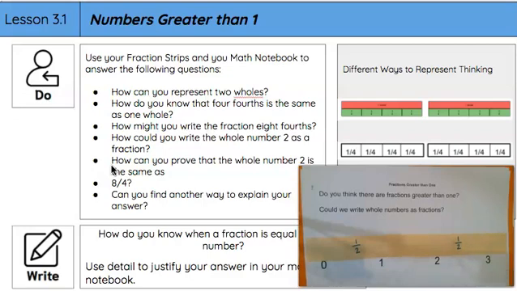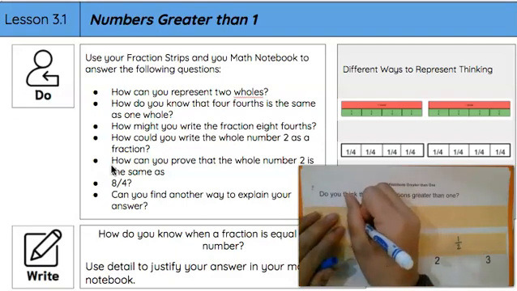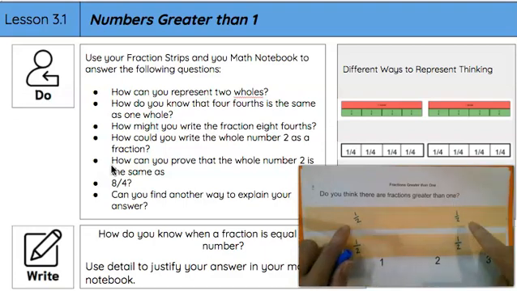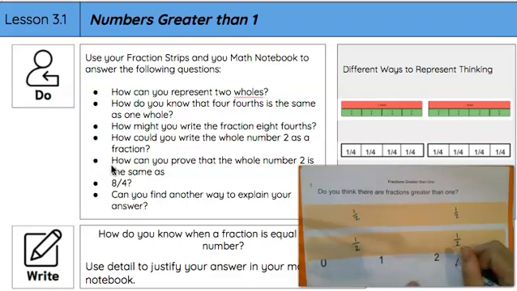But what if I wanted to see how many halves are in 2 whole? I would easily be able to see that 1, 2, 3, 4, 4 over 2, 4 halves, is equal to 2 whole.